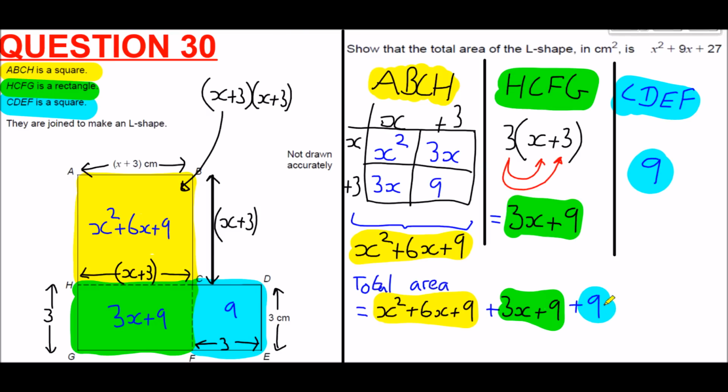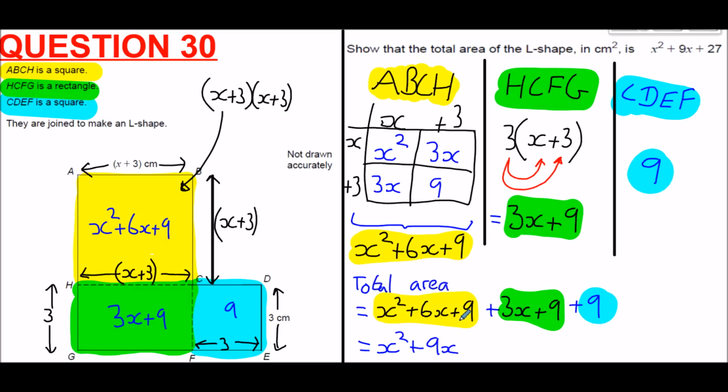So we've got three different things to group together. We've got x squareds. Now I've only got one x squared. How many x's do we have? We've got 6x's over here, plus an extra 3x's over here. 6x plus 3x gives us 9x.